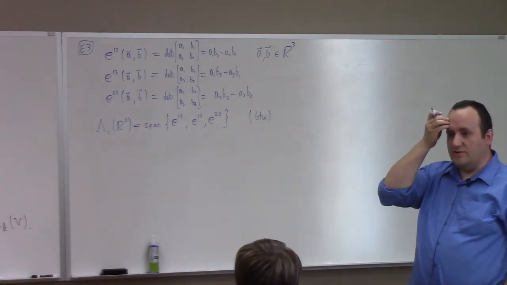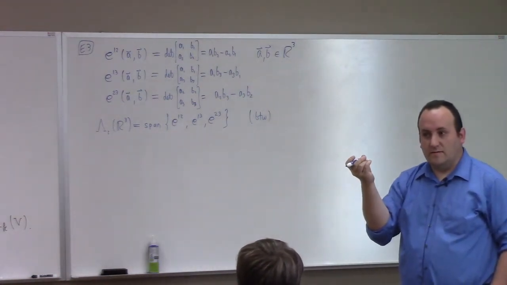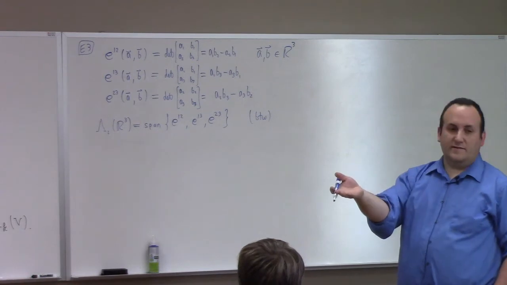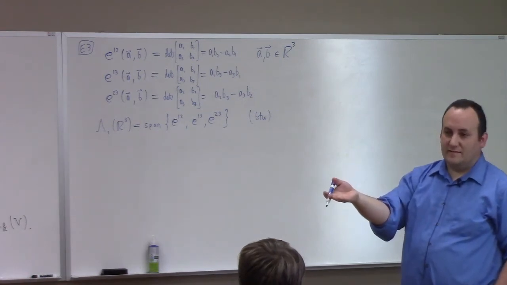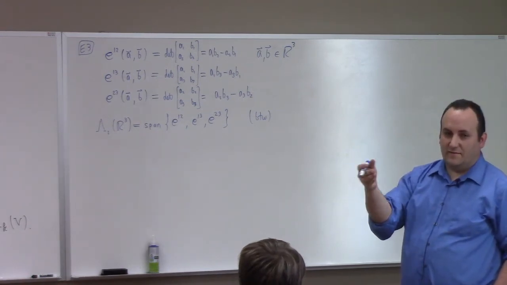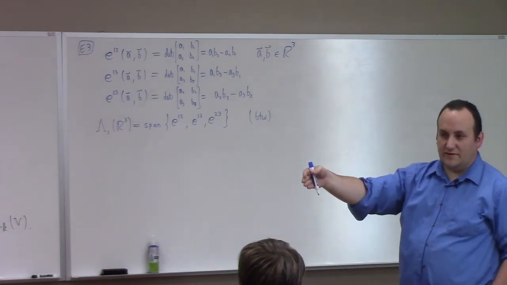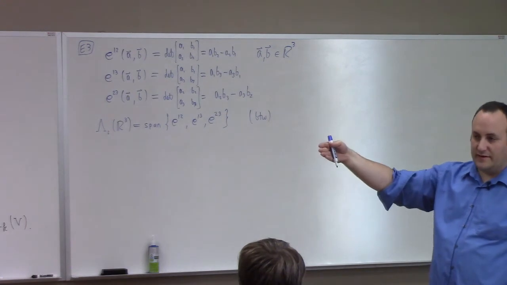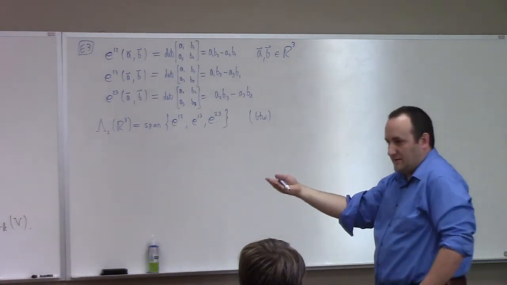So my question is, do these detect linear dependence of the vectors A and B? In a vector space of dimension n, if we're given a full dimension set of vectors, it's easy to check for linear independence, right? Just shove them into a determinant. If the determinant's non-zero, they're linearly independent. If the determinant's 0, they're linearly dependent.